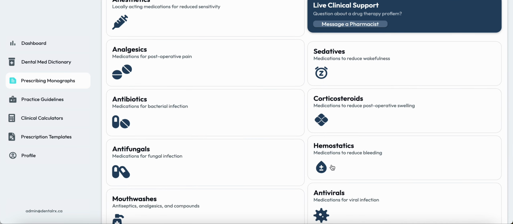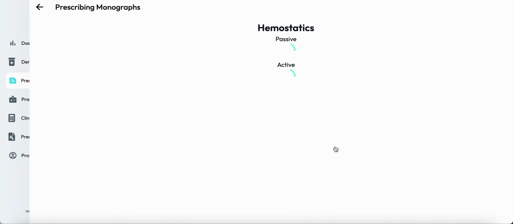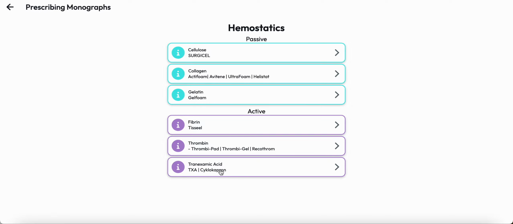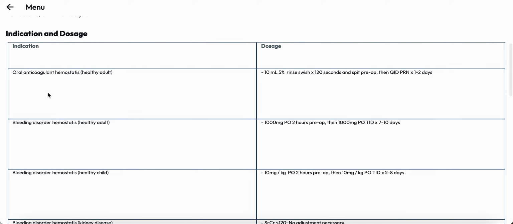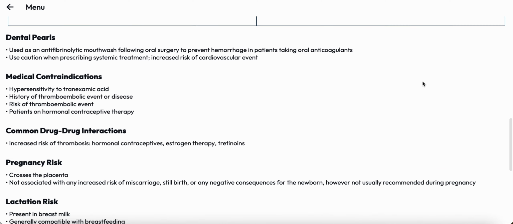And then we're also thinking that we should be giving hemostatics, and we should probably be using an oral anticoagulant hemostasis dose of 10 mLs of the 5% rinse for 120 seconds prior to the operation, and then QID PRN 1 to 2 days after the operation.